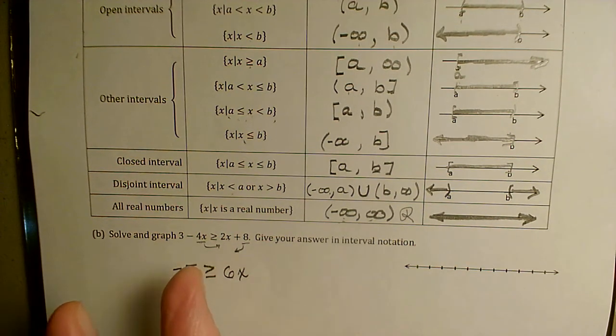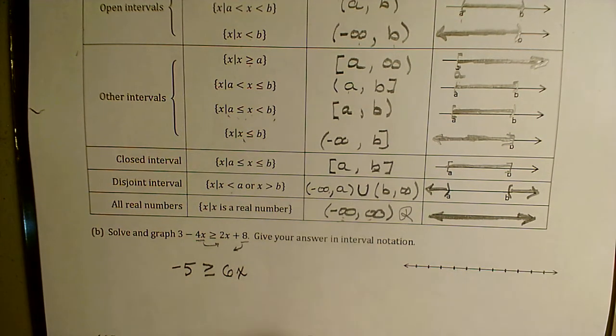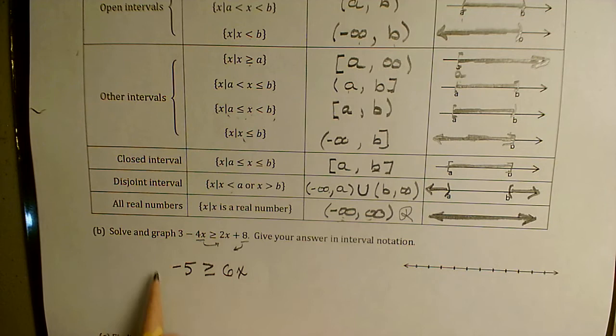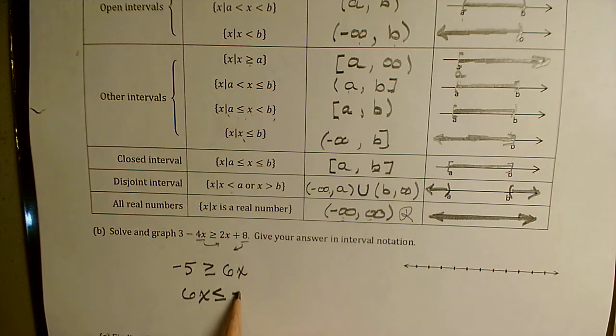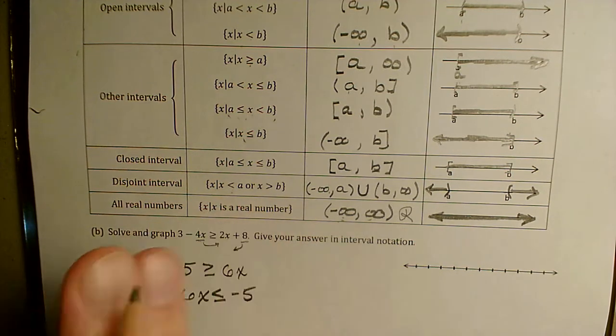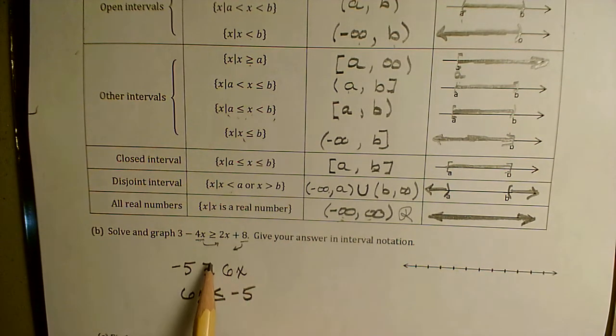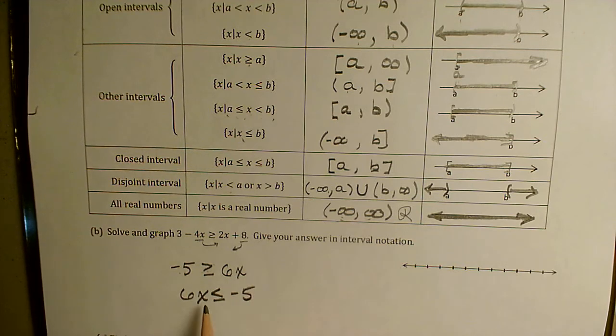But now I'm going to rewrite it because we always want our x term on the left when we're all said and done. So I'm going to rewrite this as 6x is less than or equal to -5. Now, I changed the direction of the inequality here because I've rewritten the equation. I flipped it. Of course, we read it from left to right, so that's why we want to start with our x.